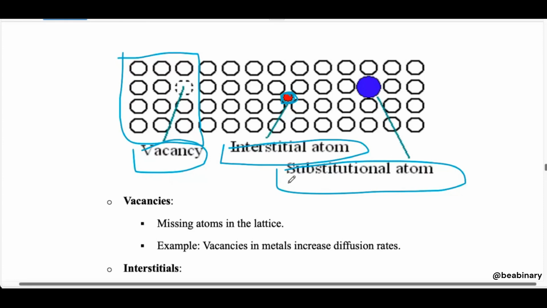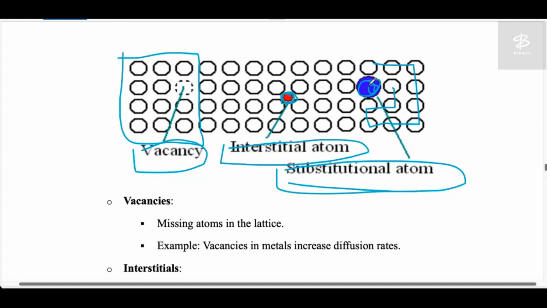Now we talk about substitution. Everything is perfect, but the atom which was present here has been replaced by another element, ion or atom, and that will also change things. Suppose these all are of the same nature, but one of the elements has been removed, and some other element has come at that particular place. It would not contribute the same packing efficiency.